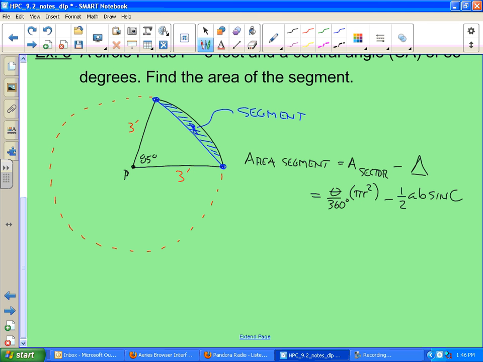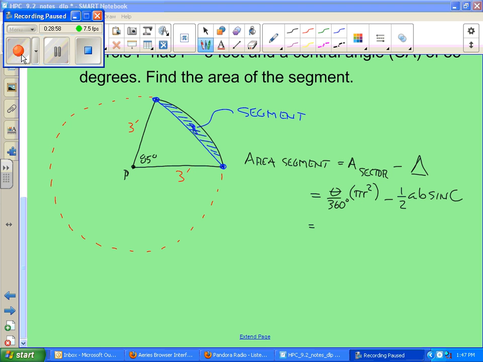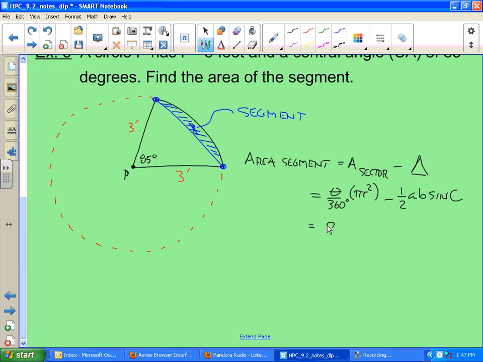All right, you guys plug them in and tell me what you get. What happens when all this stuff gets plugged in? What's that little blue sliver? So plugging it in, and we are in feet, so we have to make sure we include the units.